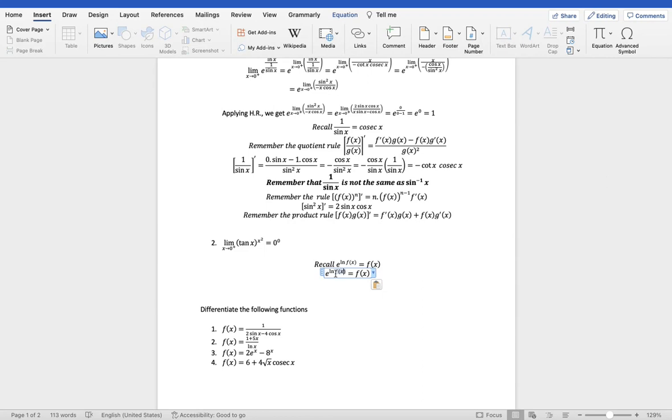When you substitute in the value of f of x there, that is equal to e to the ln of 10x to the exponent of x squared. Give me a minute.